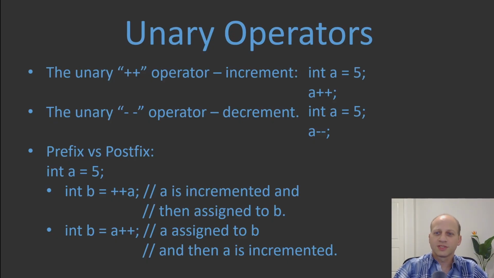In the case of the example, b will be 6 when we use the prefix version of plus plus. If the operator is used as a postfix, the current value is first used and then the variable is changed. In the example, you see b will be 5, while a will be incremented to 6.